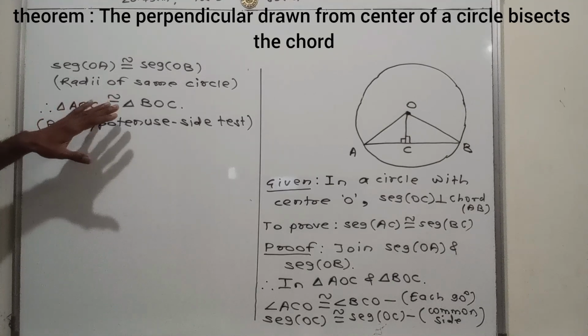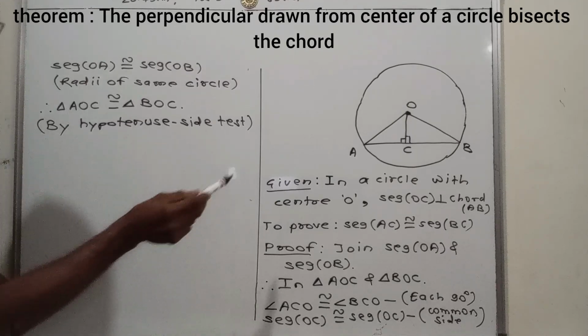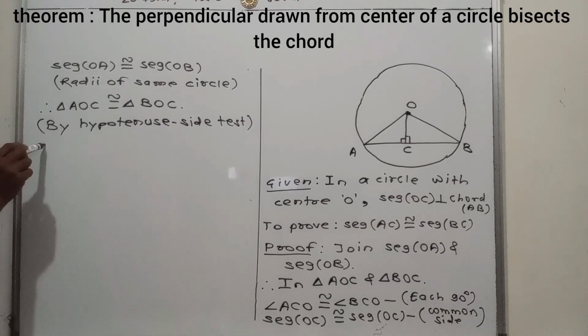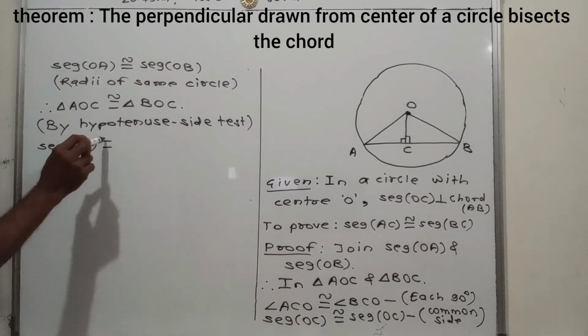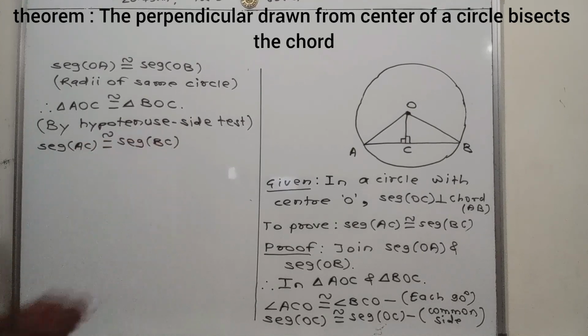Now, if these two triangles are congruent by any test, then the remaining three parts are congruent. We have written earlier in 8th standard. No? Then we want only one, but three remaining parts are congruent. Which is first? That is our to prove: segment AC congruent to segment BC.